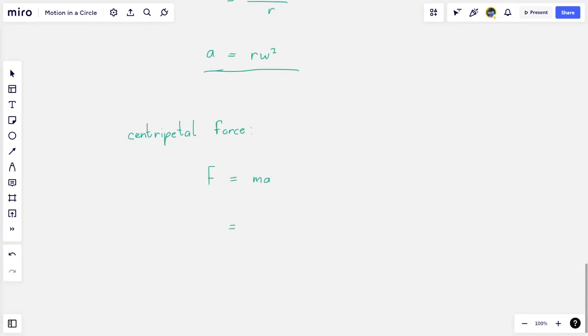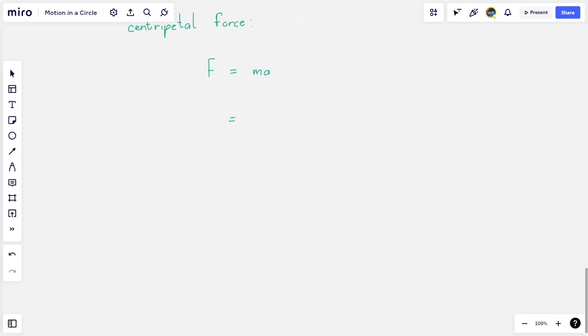That means I simply take the equation above and I multiply it by m. And so I get mv squared over r, or in terms of the angular speed, m r omega squared. So you can see that this force depends obviously on the mass, but also on the radius of the circular path and the angular speed with which the object is moving.